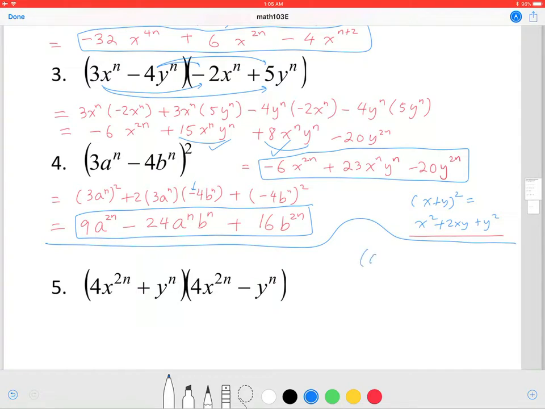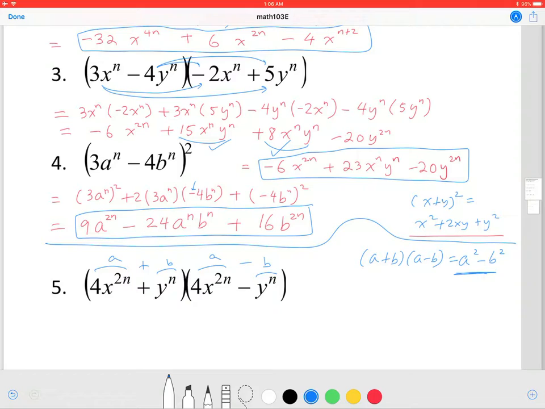This one, I hope you have seen, a plus b times a minus b is going to give us what we call difference of squares. So for this situation, my first term is 4x to n, so that's my a, plus that's my b, and a minus b. So if I just use this formula, that should give me the answer.